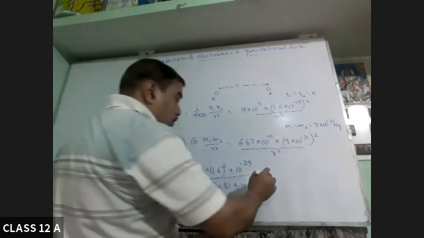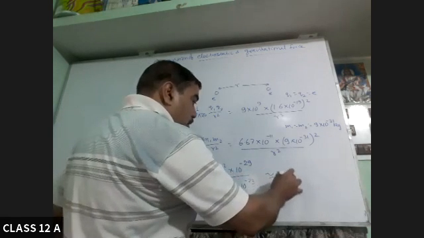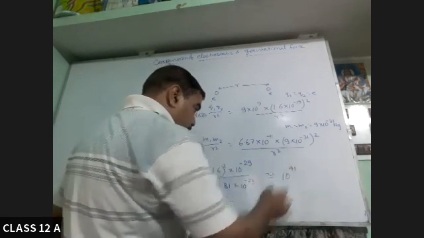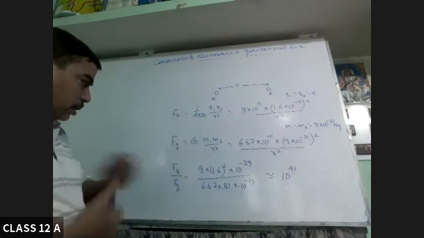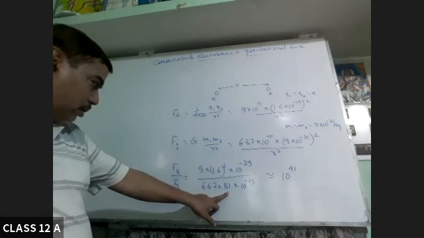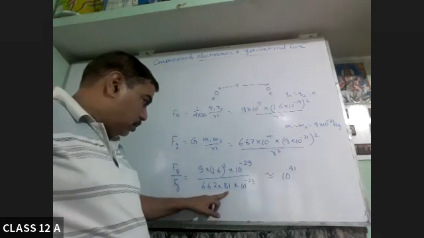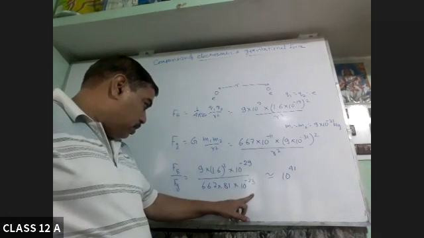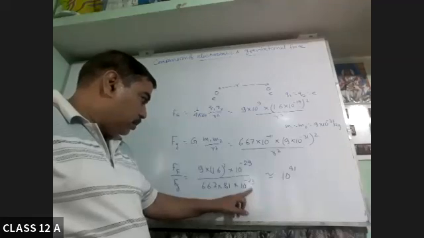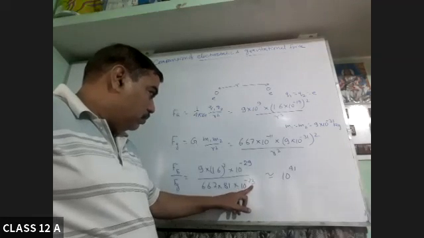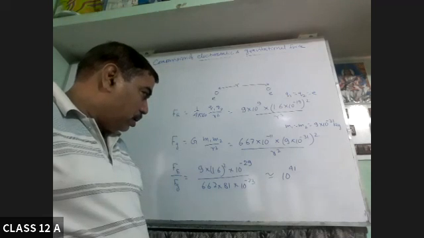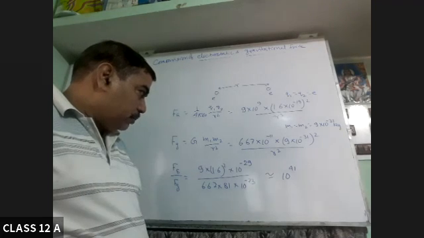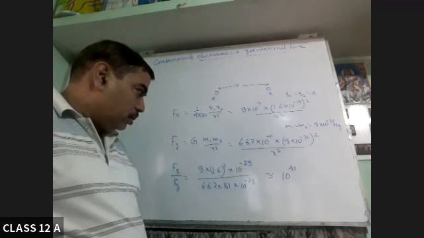when you solve, you will get of the order of 10 to the power 41. 9 times 9 is about 72, and 72 minus 29 gives 41.